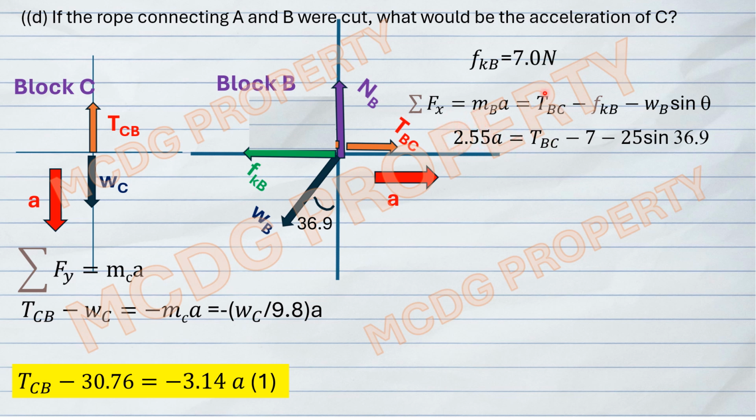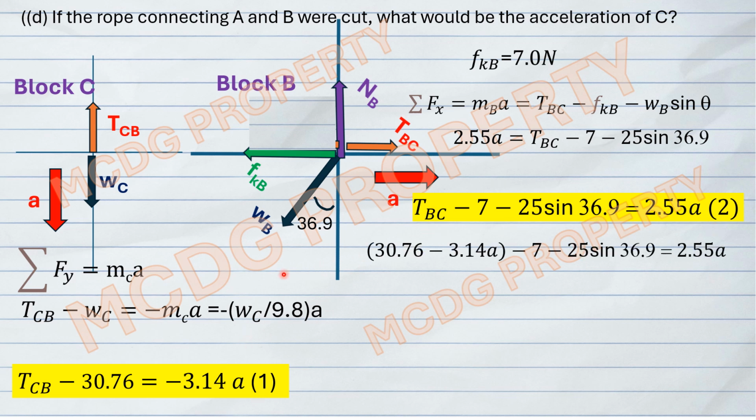And that will be equal to TBC minus the force of kinetic friction minus the x component of the weight. We will be obtaining this second equation, and you can see if we compare equation number 1 and equation number 2, both equations contain the same unknown, TBC, or the tension between B and C, and the acceleration. Hence, we can combine the two equations.